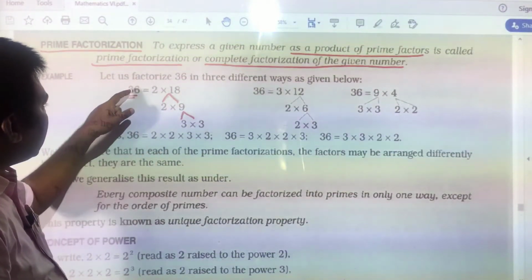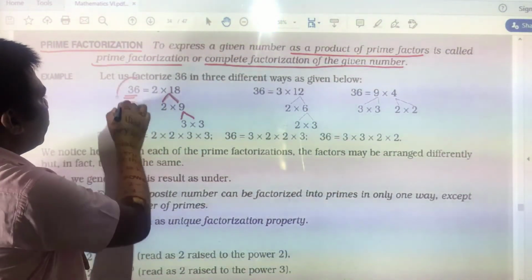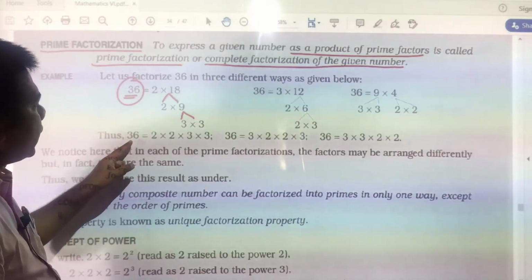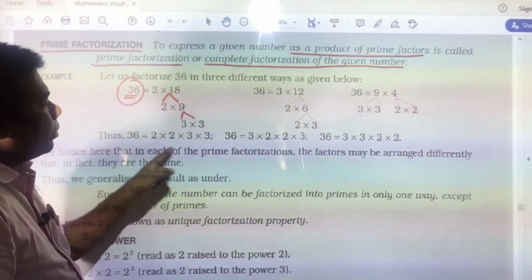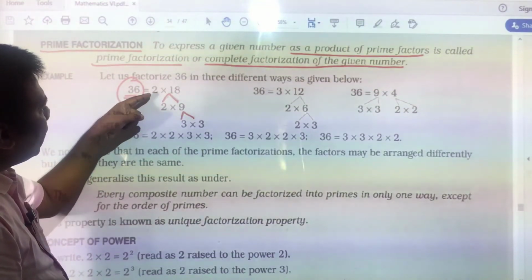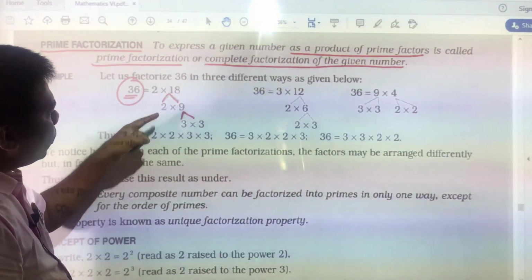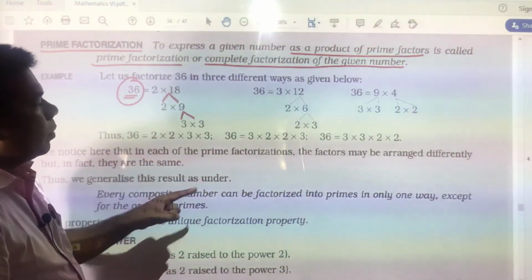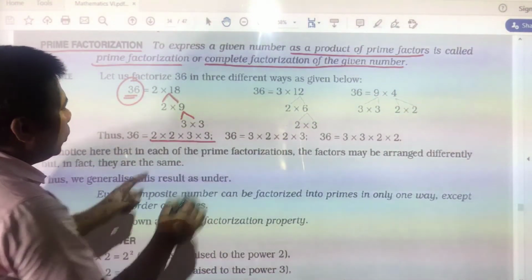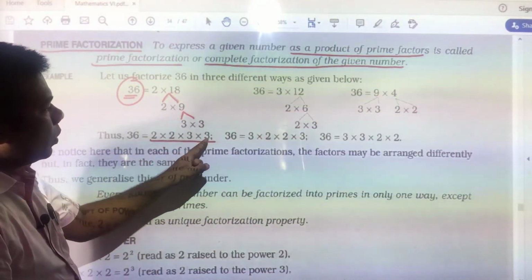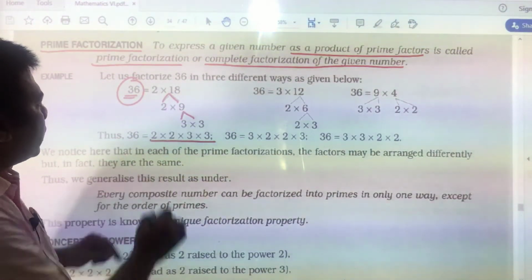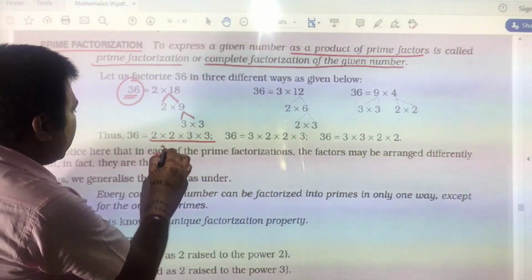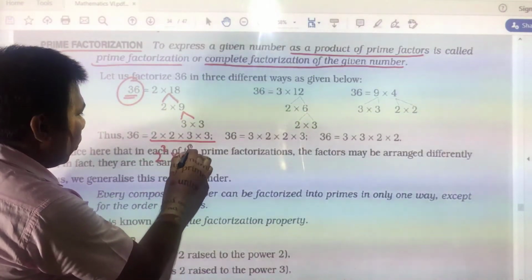Now here you see 36 was your composite number and is expressed as a product of primes. So it can be written as 2 into 2 into 3 into 3. And the same number can be written as 2 squared into 3 squared also.